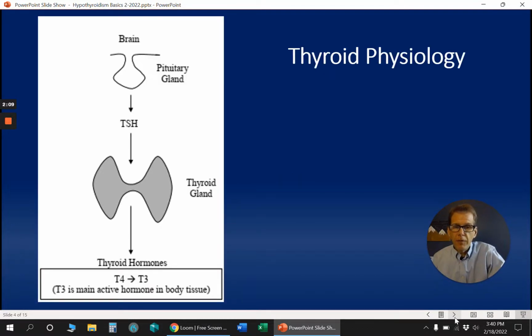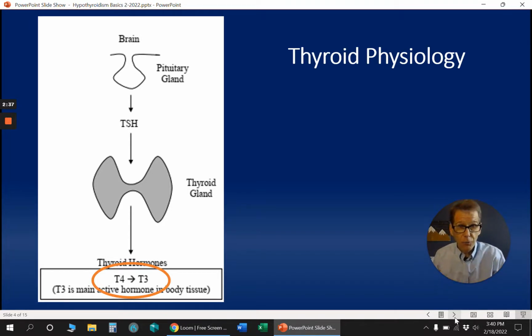So some basics about physiology. Again, the thyroid gland is this butterfly-shaped gland that lives in your neck. It makes two hormones, actually, that are called T4 and T3. The numbers just have to do with how many iodine atoms are stuck onto the thyroid hormone molecule. And the thyroid gland, when it's working well, secretes about 95% T4 into the blood, and then about 5% T3 directly secreted into the blood.